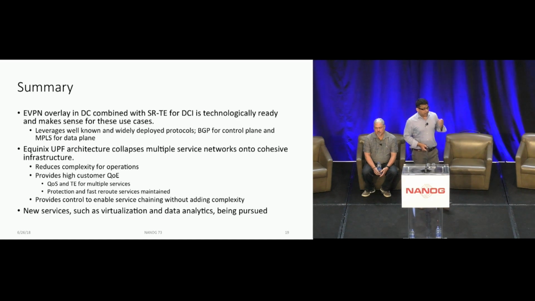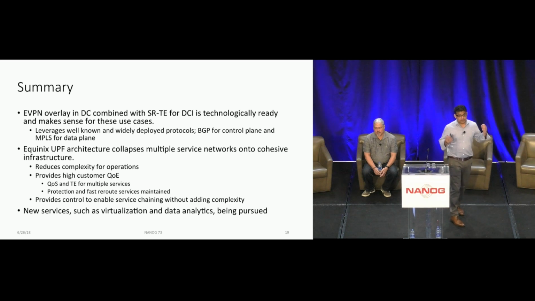An easy and simple way. The Equinix UPF architecture is collapsing all multi-services into a cohesive infrastructure. So now we don't have a service-based architecture; we will have a cohesive single architecture with distributed overlay and centralized underlay over EVPN. It reduces complexity for my operations. They don't have to deal with multiple technologies. It's one segment routing technology they have to debug. We are able to provide high customer QoE.